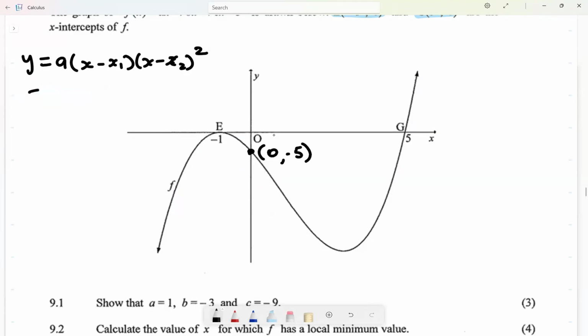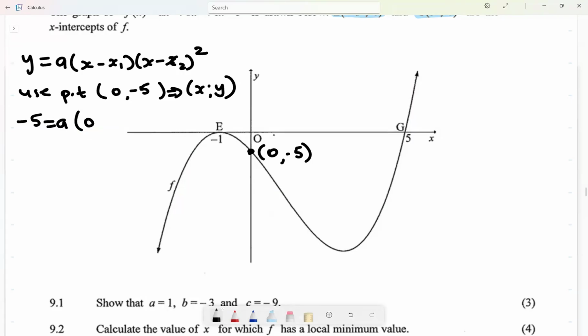Let me use the point (0, −5) for x and y, not x1. So y = −5, a, x is 0 minus what is x1? For this one, I'm going to choose x1 as 5. Why? Because the squared is for the 1.